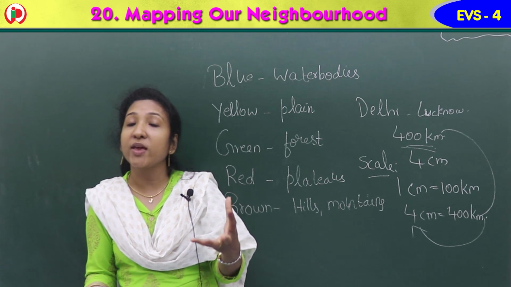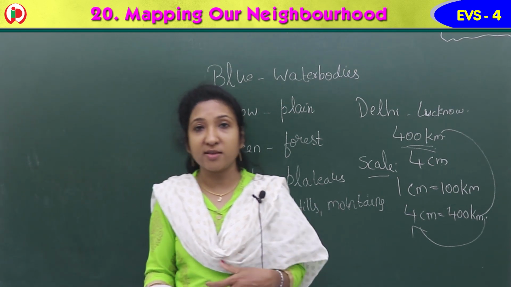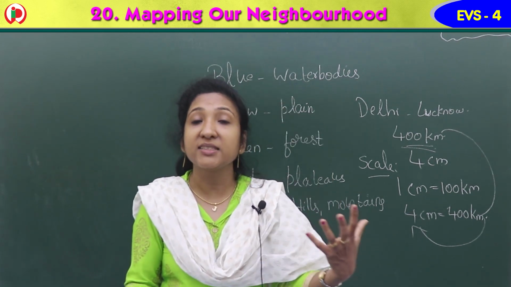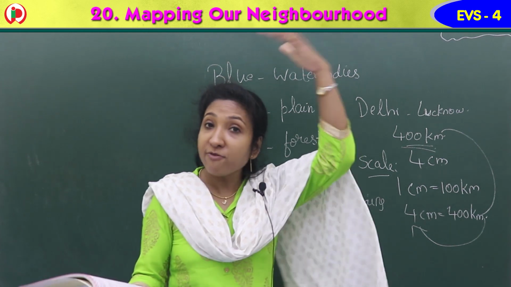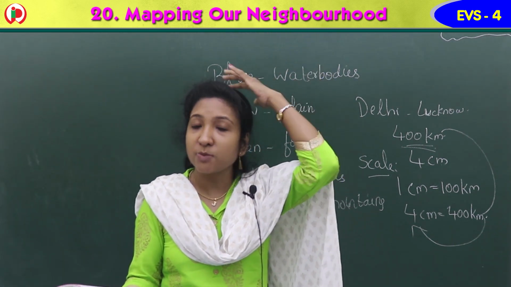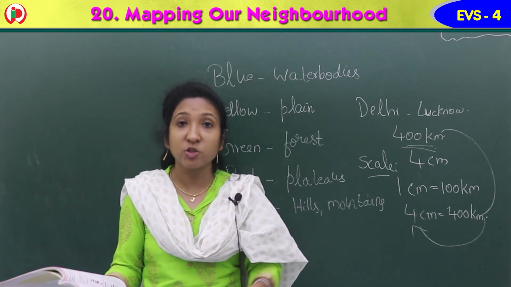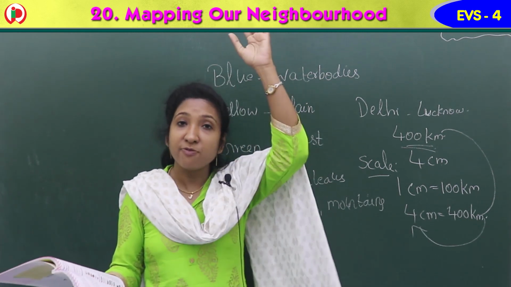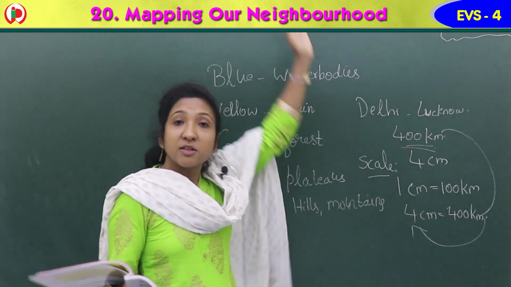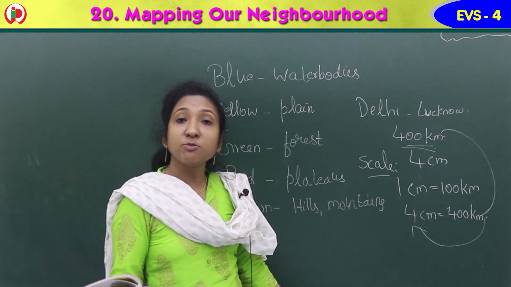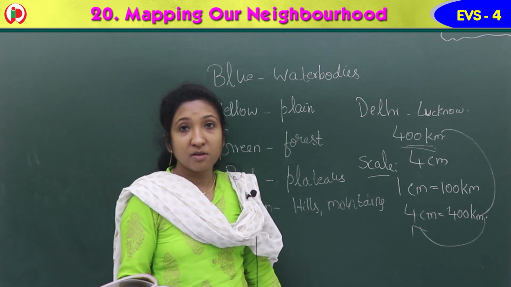Yes. Then there is a language in the map. It shows directions: north, south, east and west. The top of the map always shows north, the bottom part always shows the south. So when we hang a map here, the top shows north and the bottom shows south, isn't it?